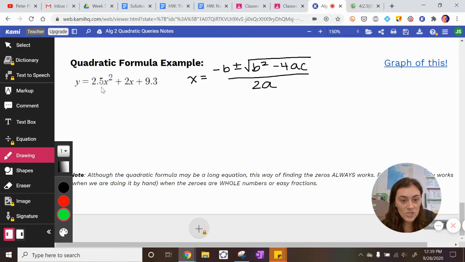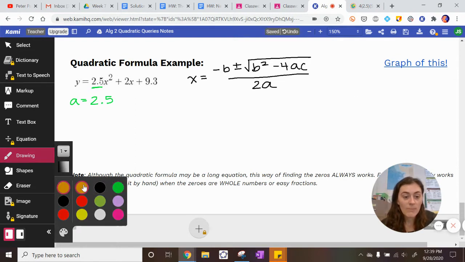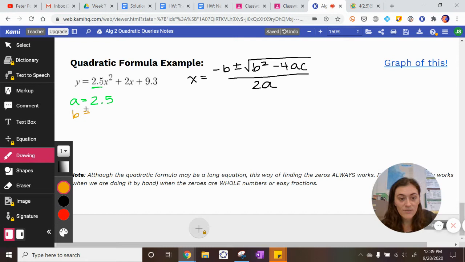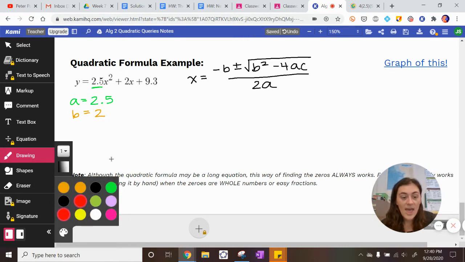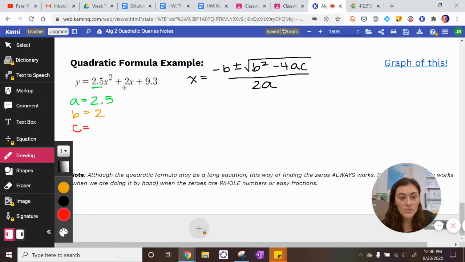So a in this equation is 2.5 because our a value is always whatever is in front of our x squared. Our b value is whatever is in front of the x, so our b is 2. And then our c value is always whatever is just all alone. It doesn't have any x attached to it, so our c is 9.3.